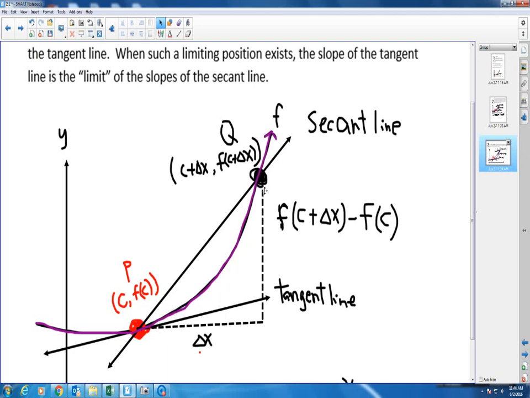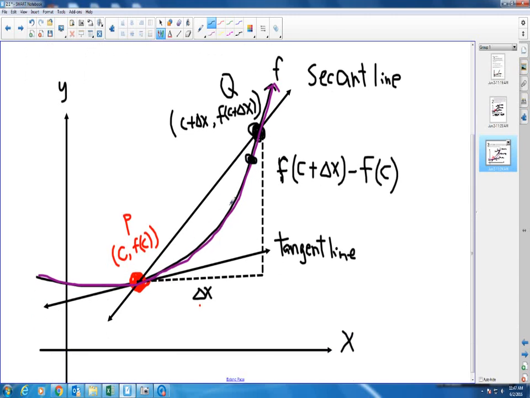So as point Q approaches P, if I move this point to here, let me just draw another point. If the point Q is right here, my slope stays the same.